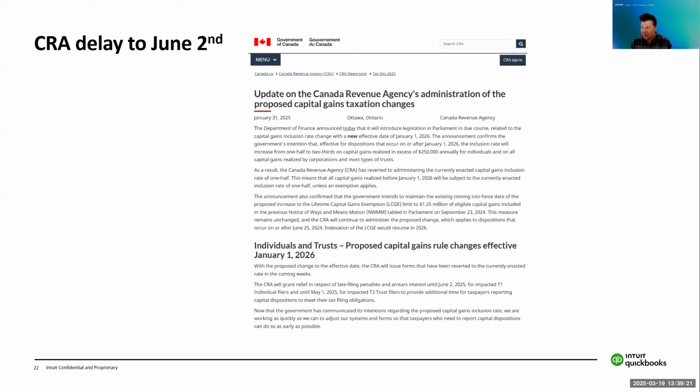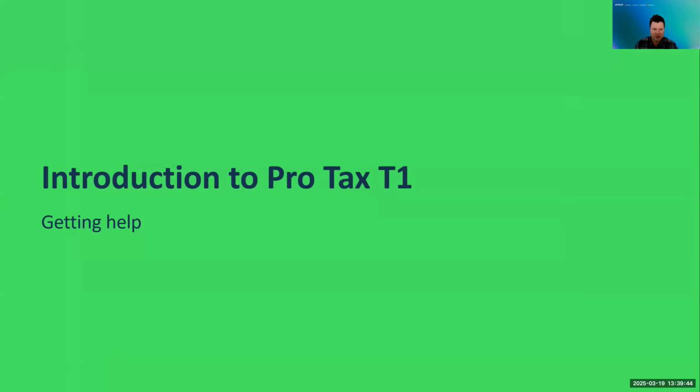Sounds like there's going to be no penalties or interest. I encourage you to look that up yourself and make sure that you are comfortable in understanding that as well. But I just wanted to let you know, if you are running into any issues with filing clients' tax returns that have capital gains, there is this delay that the CRA has on that.